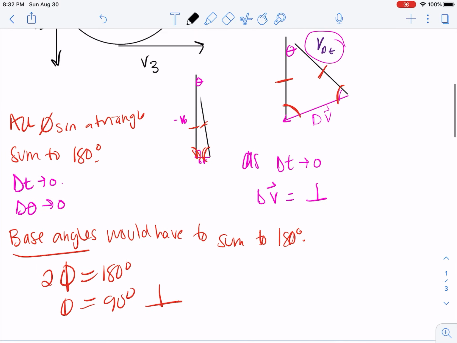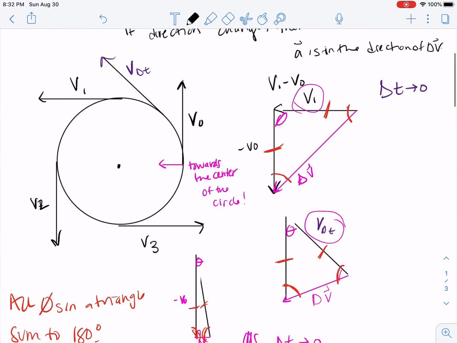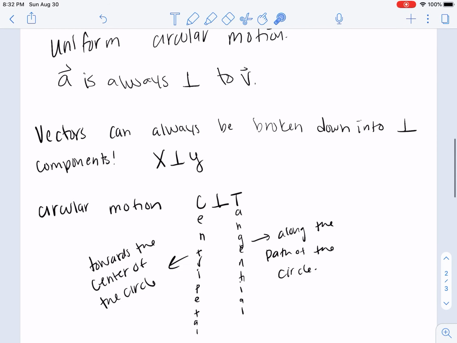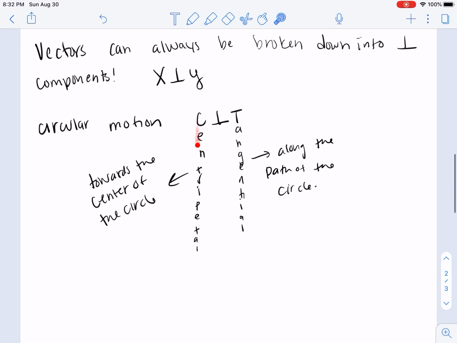So if we come up here and look, we can see that our acceleration vector here is towards the inside of the circle, so it is a centripetal one, versus all of our velocities here, which are perpendicular to the circle itself, so they are all in the tangential direction. So whenever we're talking about uniform circular motion, we're going to break things down to centripetal and tangential, so towards the center of the circle or along the path of the circle.